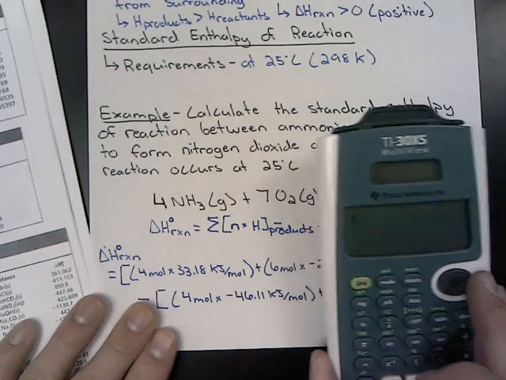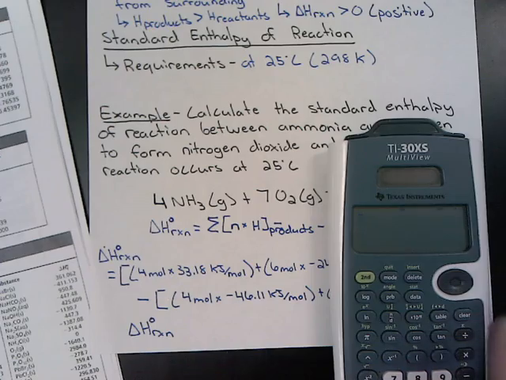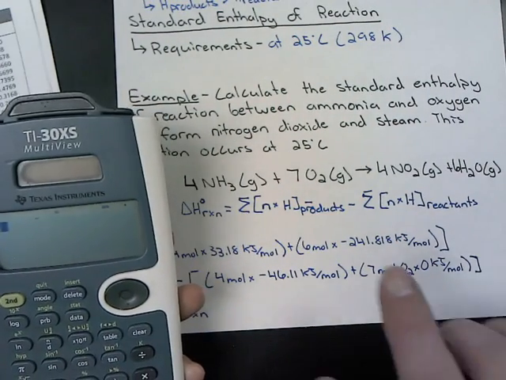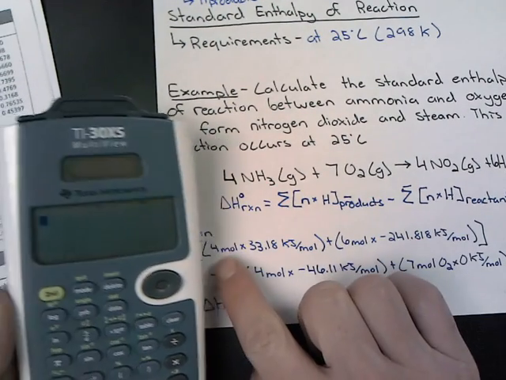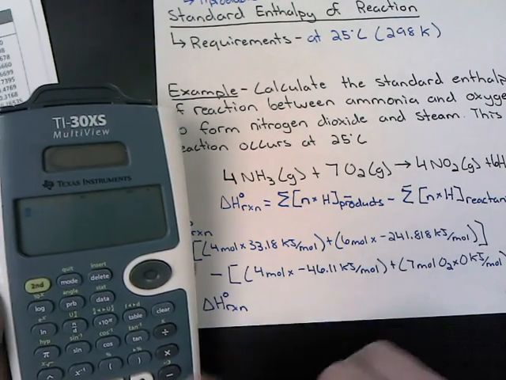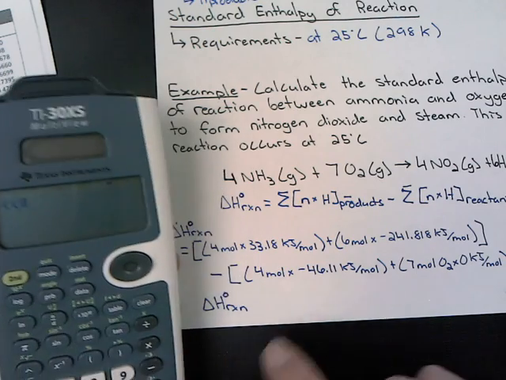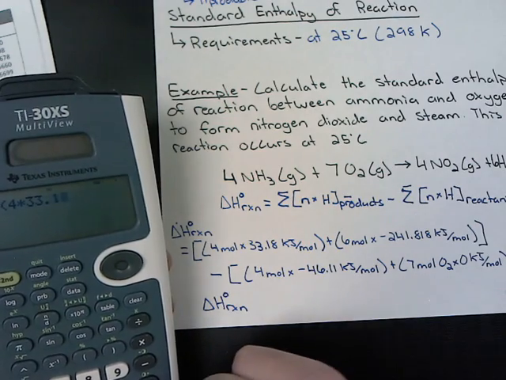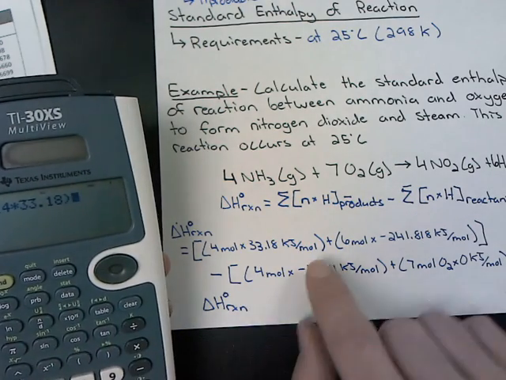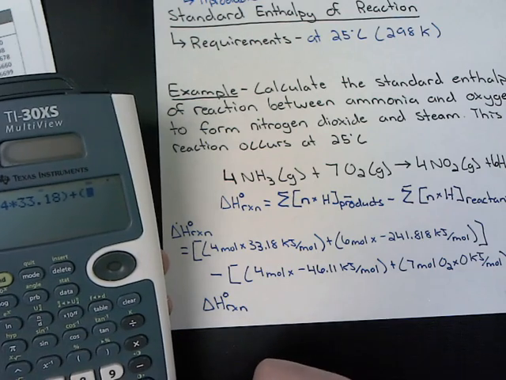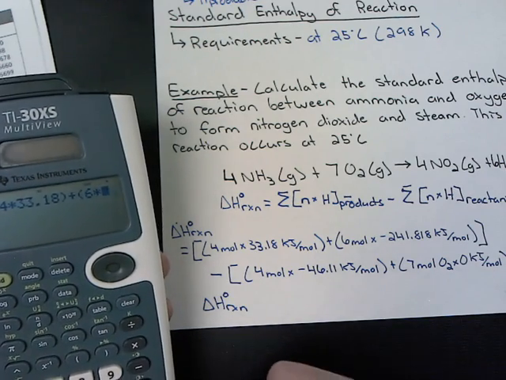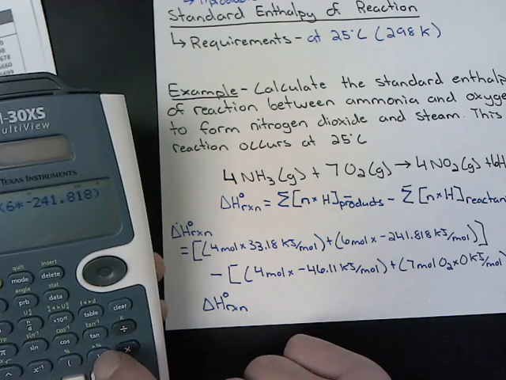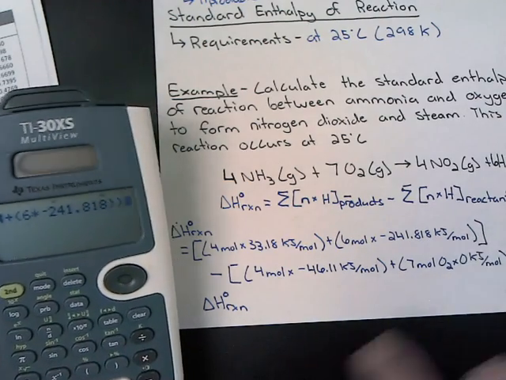All right, so what I need to do is this. This is really important. If you do it all in one calculation, you have to be cognizant of your parentheses. So these brackets, I'm going to represent with double parentheses. I start out with a double parentheses, 4 times 33.18, close just one parenthesis, add 2, open the parentheses, 6 times negative 241.818, close that parenthesis, and close this to represent the bracket.